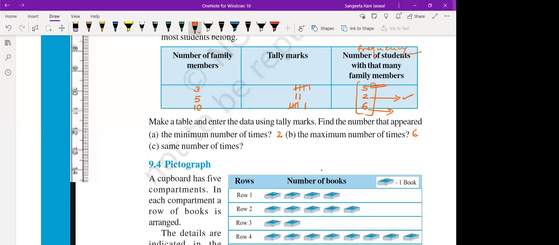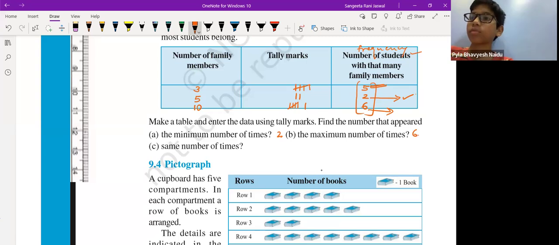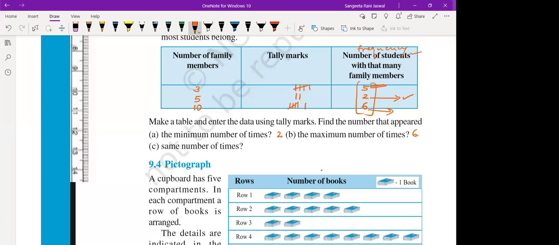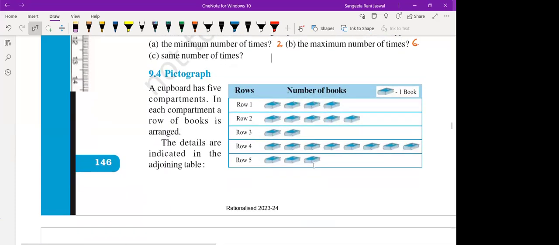This is not restricted to class 6; in class 7, 8, 9, 10 also you will be studying data handling. Since this is the very beginning, understand it nicely. If you have any doubts, ask.